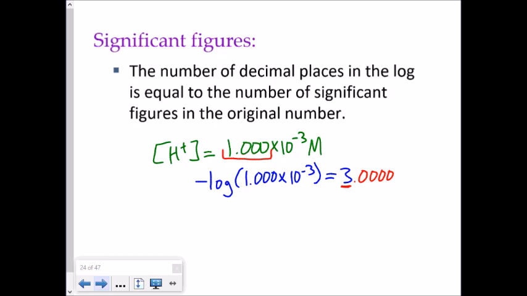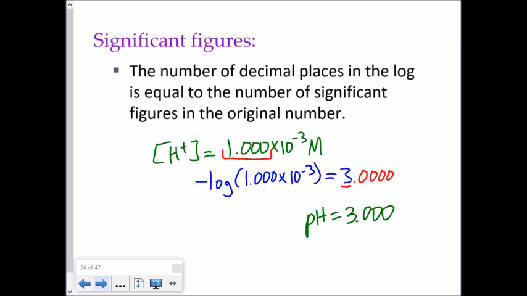Okay? Yes. If you're starting with the pH, how many sig figs do you use to take it back to the concentration? Oh, so going backwards here, yes. If we were starting with this, you knew that you had a pH of 3.000.